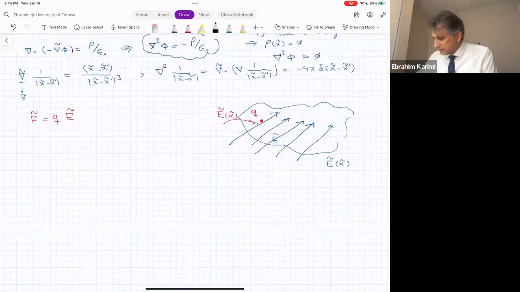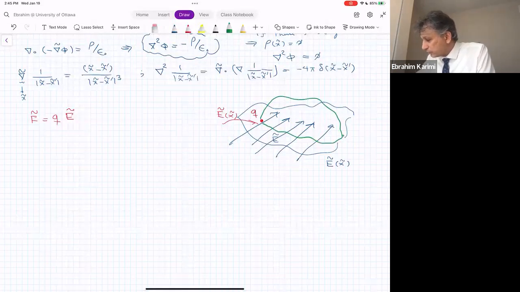We want to understand what happens if I take this particle and move it around, specifically the work that I have to perform to move the particle from point A to point B. That's really the goal right now.